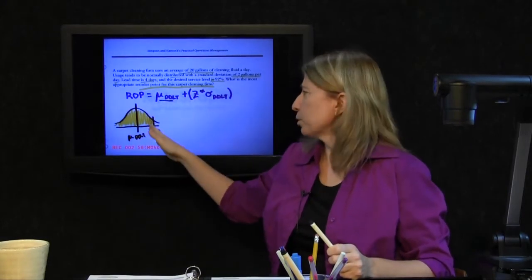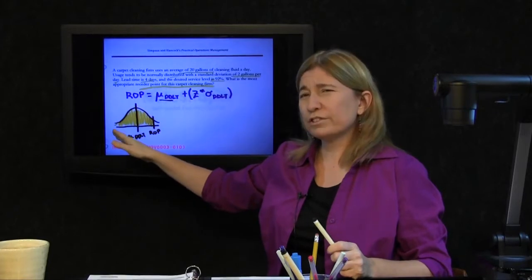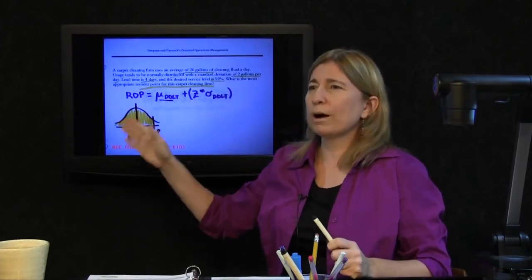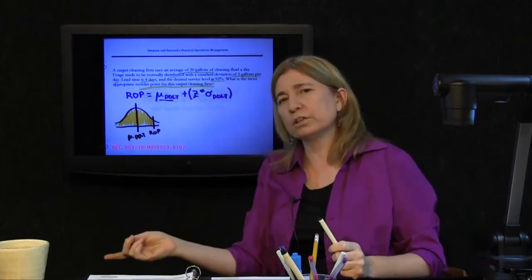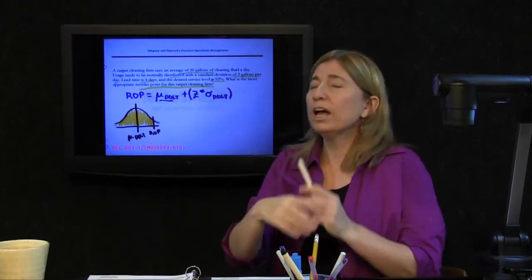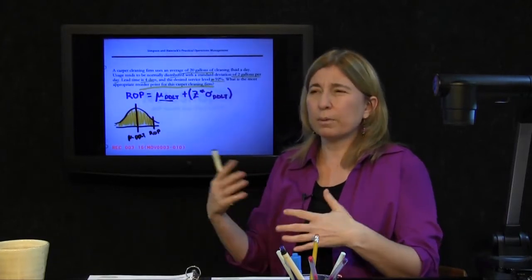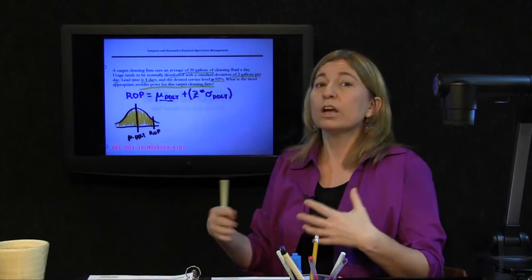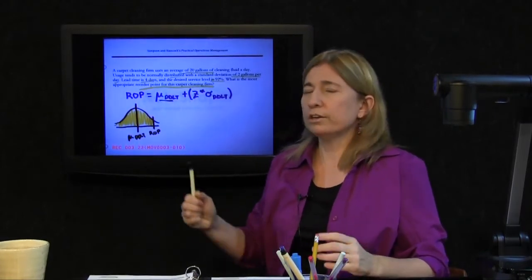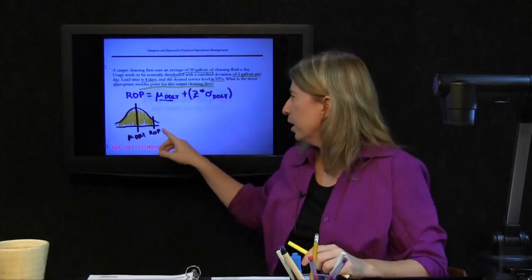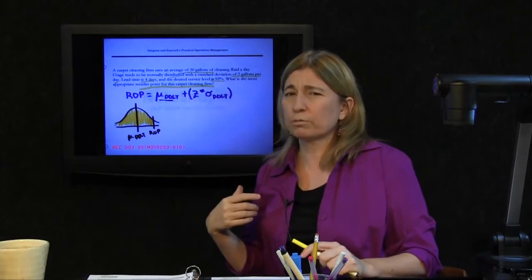Okay, so if you're going to reorder at a certain point, the area of the curve to the left of that point represents all of the possible outcomes in which actual demand during lead time was less than the reorder point, and that's perfect because that means that we had enough, right? That the amount that we left in stock when we reordered lasted us while we waited for the new shipment. What's more troublesome is that little itty bitty part of the normal distribution that's to the right of the reorder point.